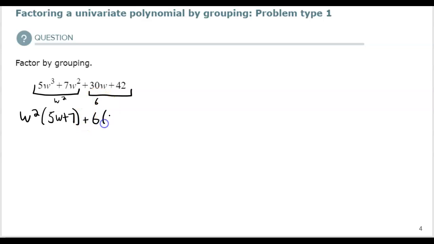When I factor out a 6, I end up with a 5w plus 7. Now this looks really similar to what we did the slide before. So I have my matching term. I can pull out my matching term. Once I factor out my matching terms, my leftovers are w squared plus 6.